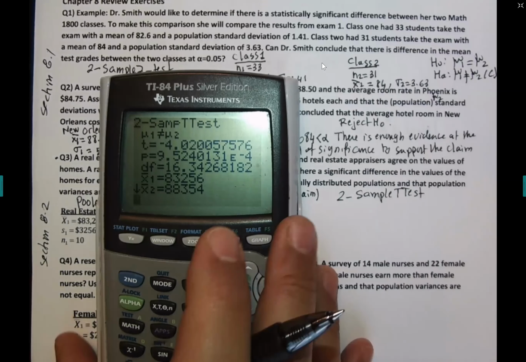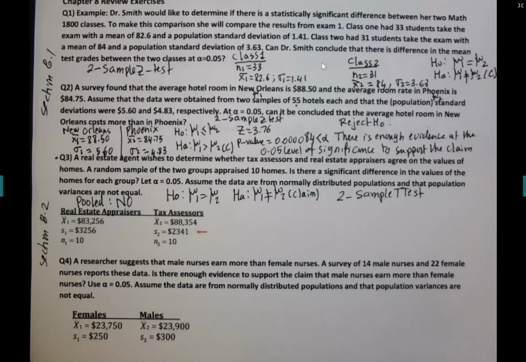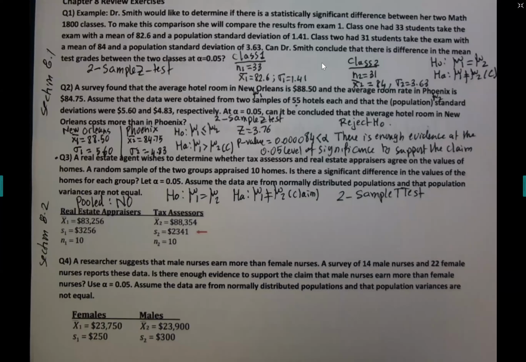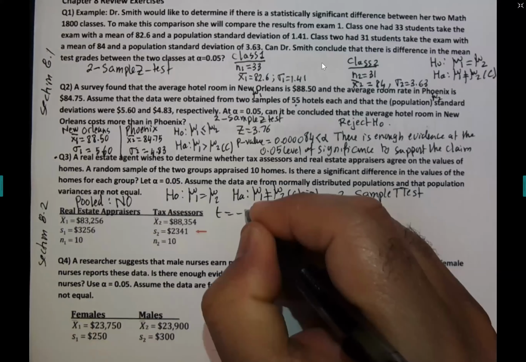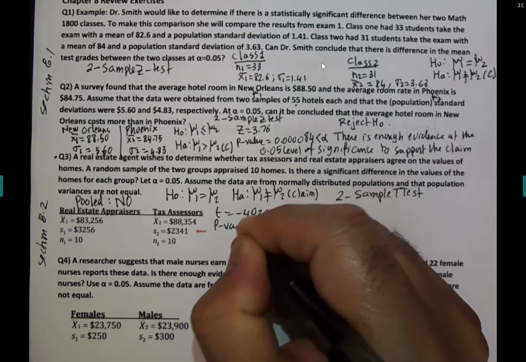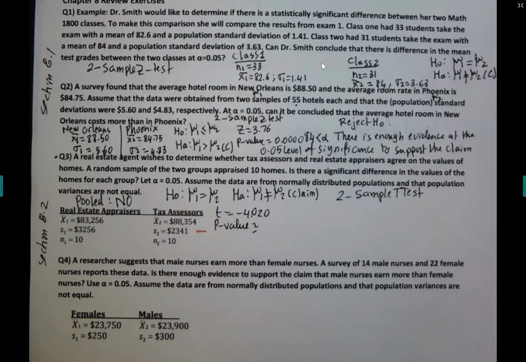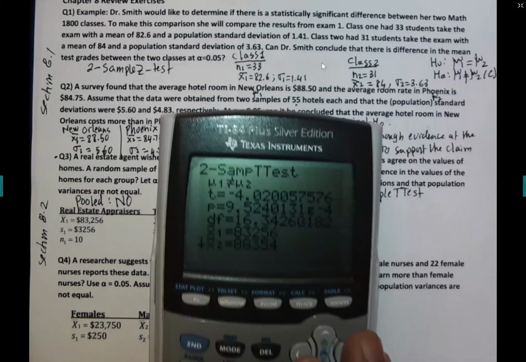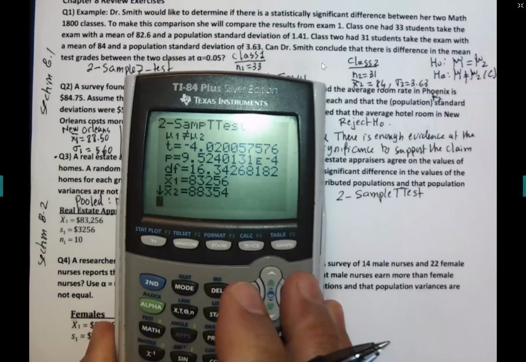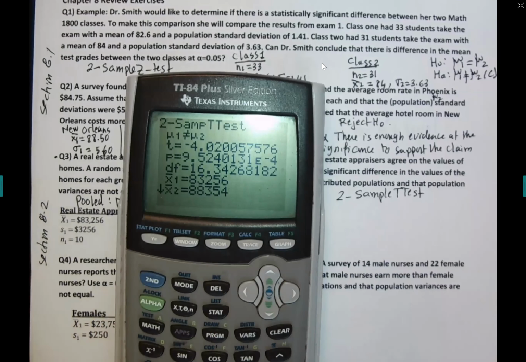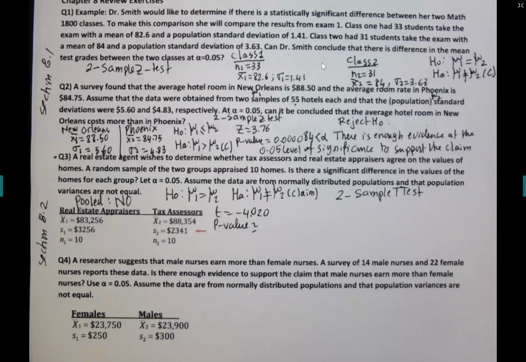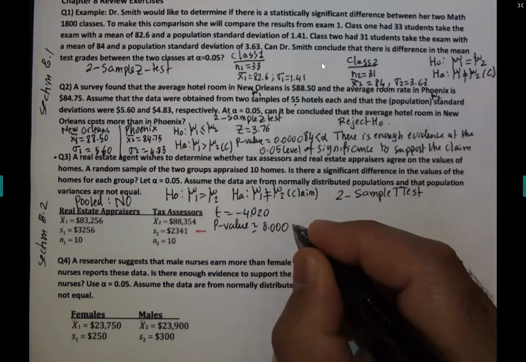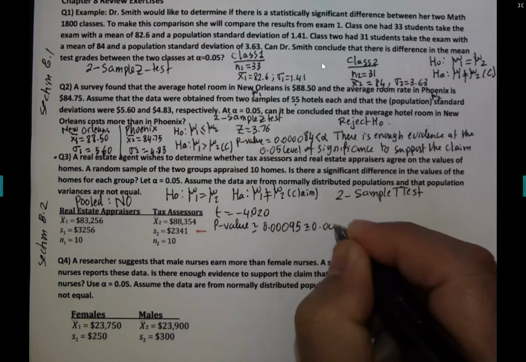Let me write them down. P-value. You can see the p-value was, look guys, there's an E minus 4. That means you have to move the decimal 4 places to the left. It will be 0.00095, but if you round it, it will be 0.001, which is definitely less than alpha.